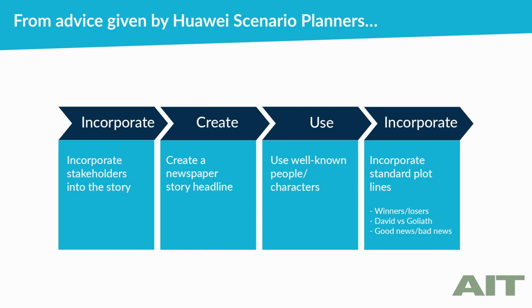Number 2 is you be creative. You create things like newspaper story headlines to get your head around the way that things might develop in the future. Then you want to use well-known people and characters to build up that story. And finally, you need to incorporate your standard story plot lines, winners and losers, David and Goliath, so those who have little power challenging those with a lot of power.